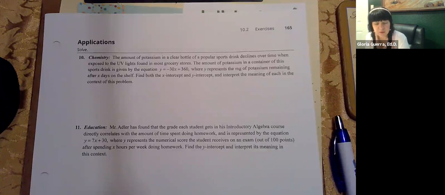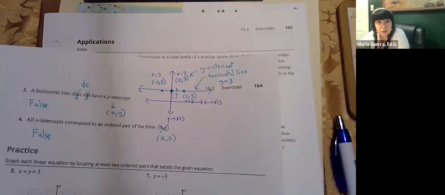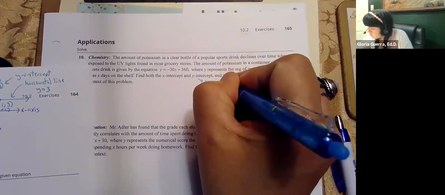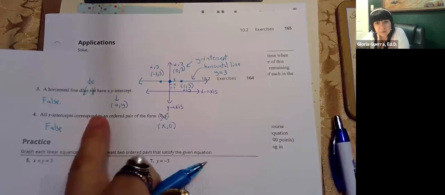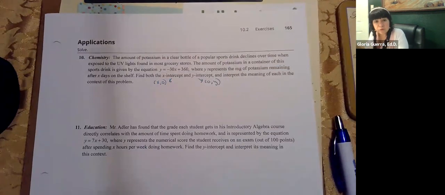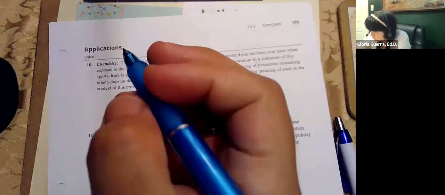Okay, so we're going to find the intercepts. We were talking in the vocabulary about the y-intercept being (0, y) and the x-intercept being (x, 0). So there are 2 intercepts, and I'm going to do 2 tables for that. I usually do tables.